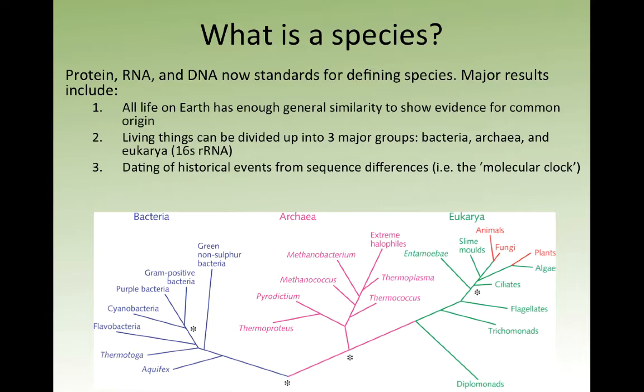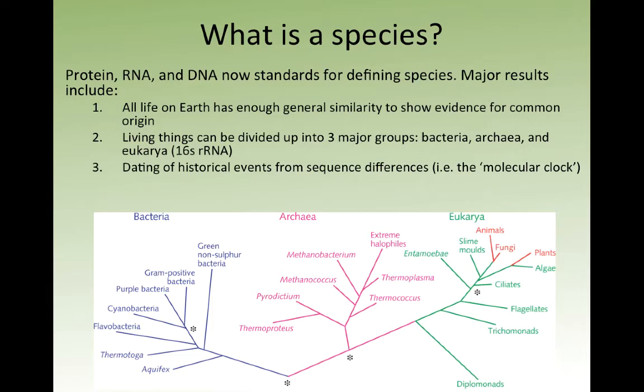In addition to grouping individuals, as I noted previously, we are actually able to use DNA sequence to date historical events. And we do this by using something called a molecular clock. So if mutation is considered to be random in time, we assume that it happens at a regular rate.